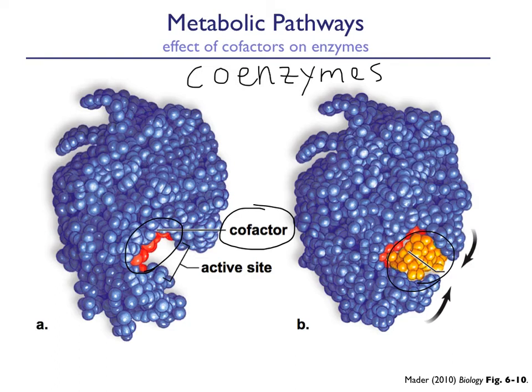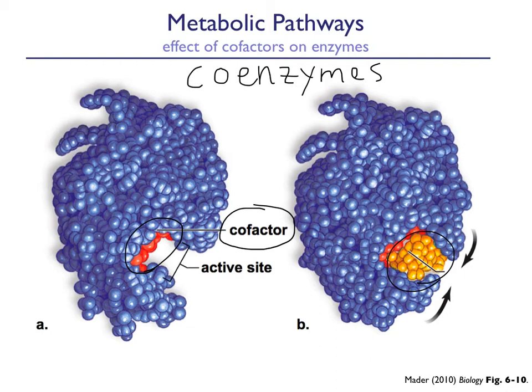Cofactors can be things like copper, zinc, or coenzymes, for example, vitamins, whether inorganic or organic. And so sometimes we need certain vitamins and ions in relatively low quantities just to facilitate metabolic reactions because they serve as cofactors and coenzymes.